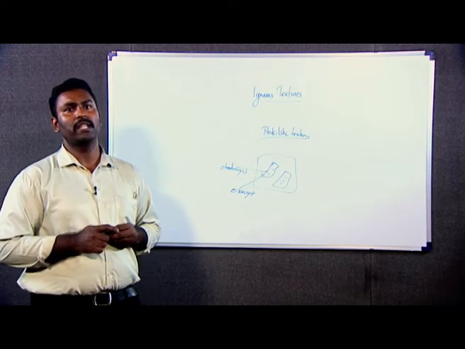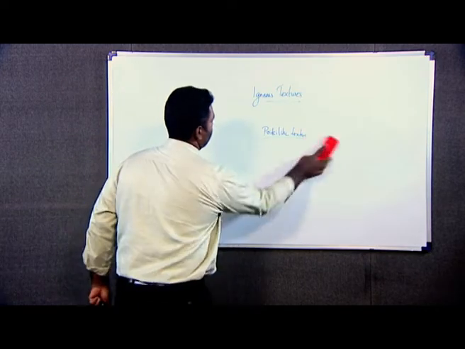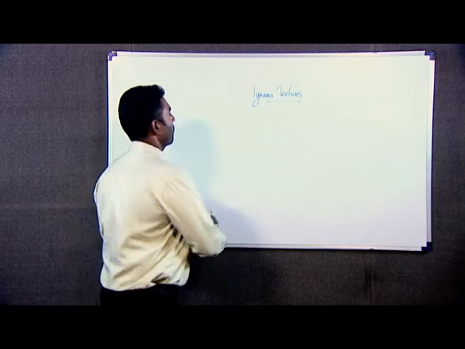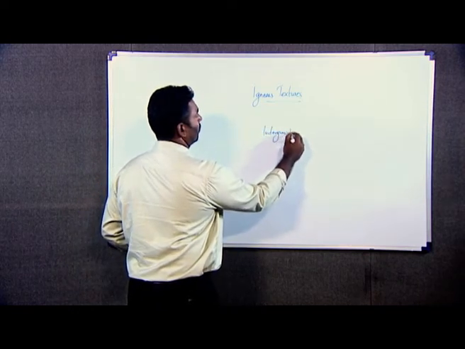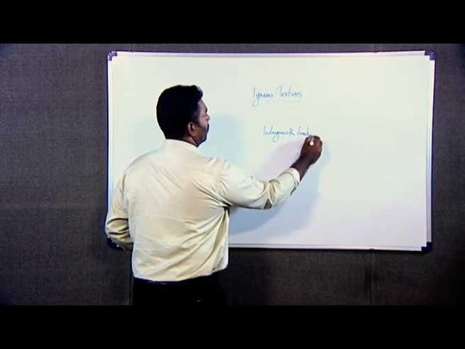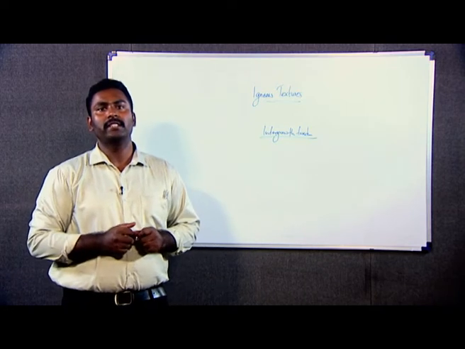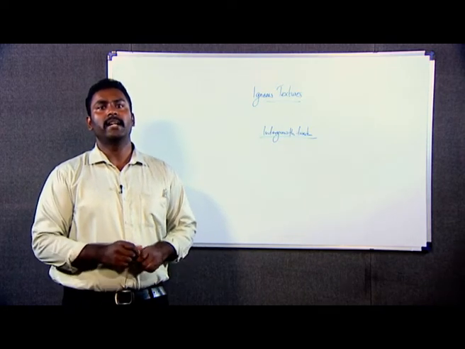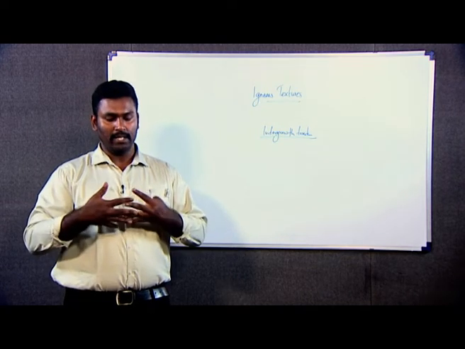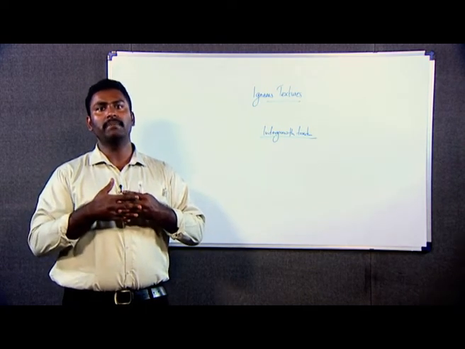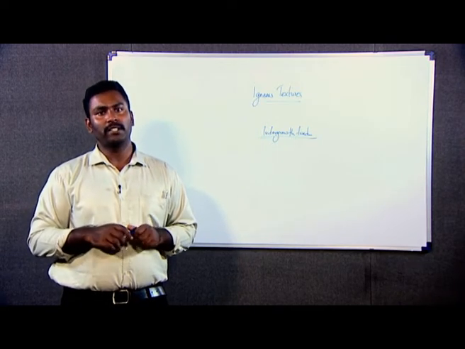Now we are moving to the intergrowth texture. Intergrowth texture is a type of texture in which two minerals show an interpenetration pattern, which means if this is one mineral and this is another mineral, these two minerals show an interpenetrative pattern of arrangement, then that type of texture is known as intergrowth texture.